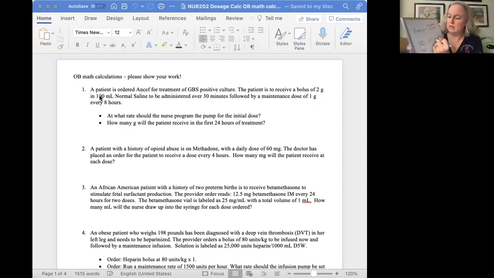And this is going to equal 200. 200 milliliters per hour is what we're going to set our pump at, and that's what it's going to run for 30 minutes. So I'm also going to put that in the chat.